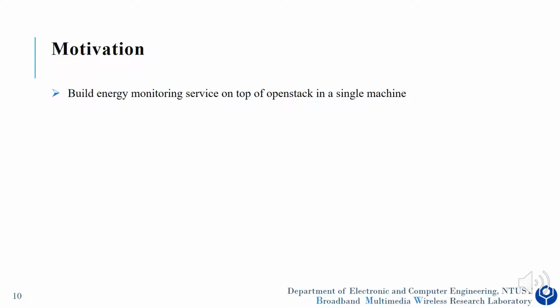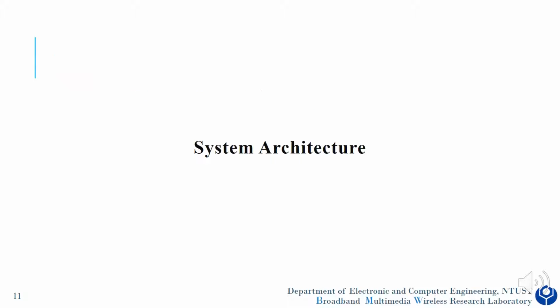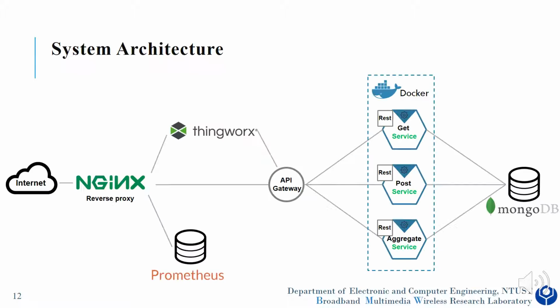The motivation of this thesis is to build an energy monitoring service on top of OpenStack in a single machine. This is the system architecture that I designed based on the fact that we need a stable and steady mechanism that collects and stores the data.